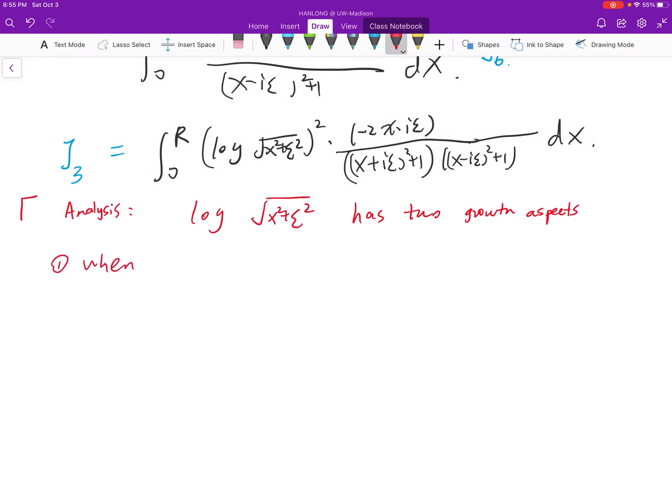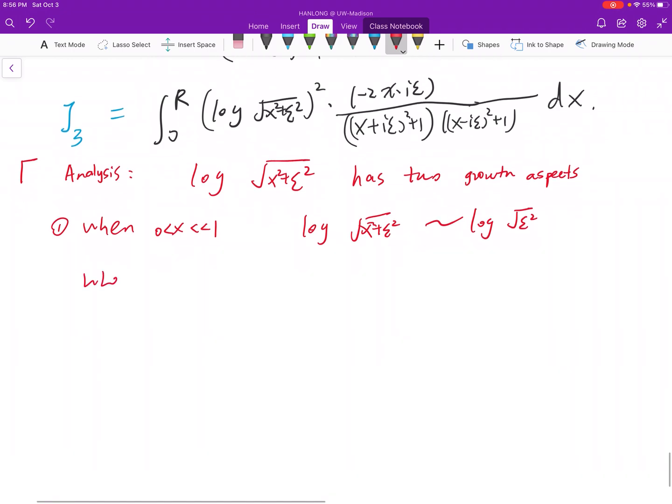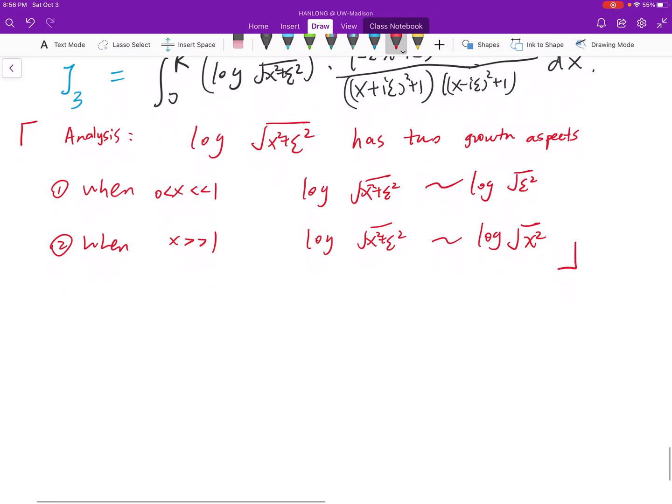Firstly, when x is close to 0, this has a behavior log ε squared, which is log ε. And when x is largely greater than 1, this has a feature as log square root of x squared. Okay, that motivates us to separate the integral as follows.